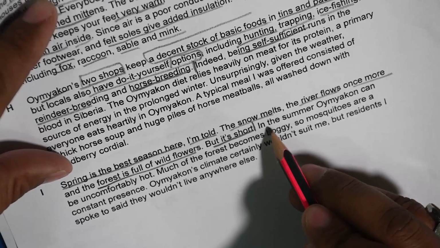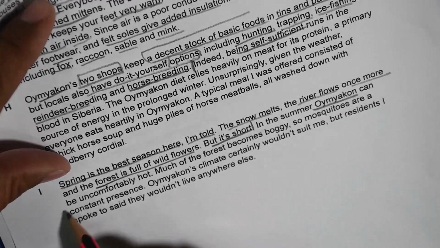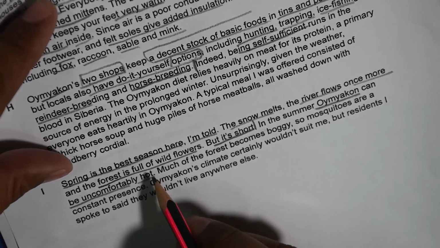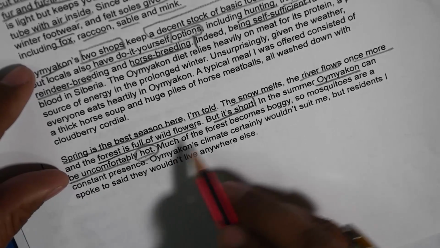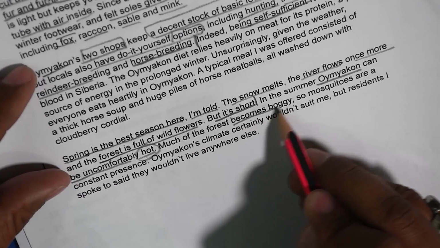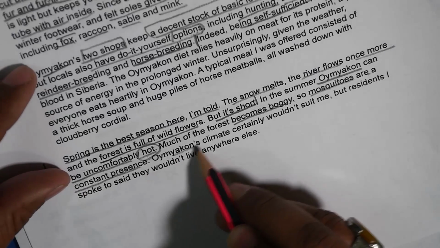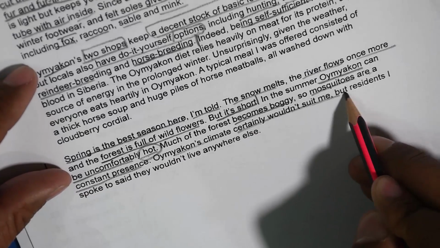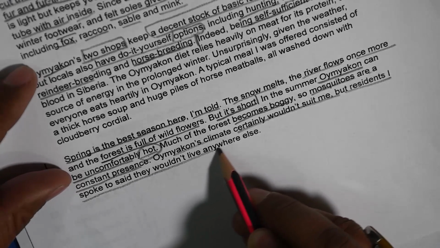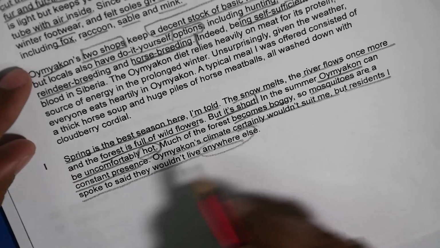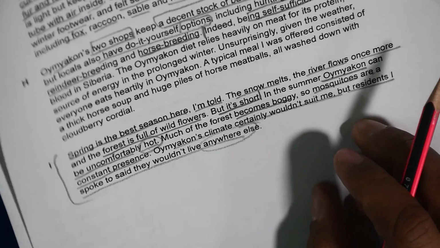Spring is short. In the summer, Oimayakon can be uncomfortably hot, much of the forest becomes boggy, so mosquitoes are a constant presence, and the climate certainly wouldn't suit me, but residents I spoke to said they wouldn't live anywhere else. They were so happy. That's why we say home sweet home.